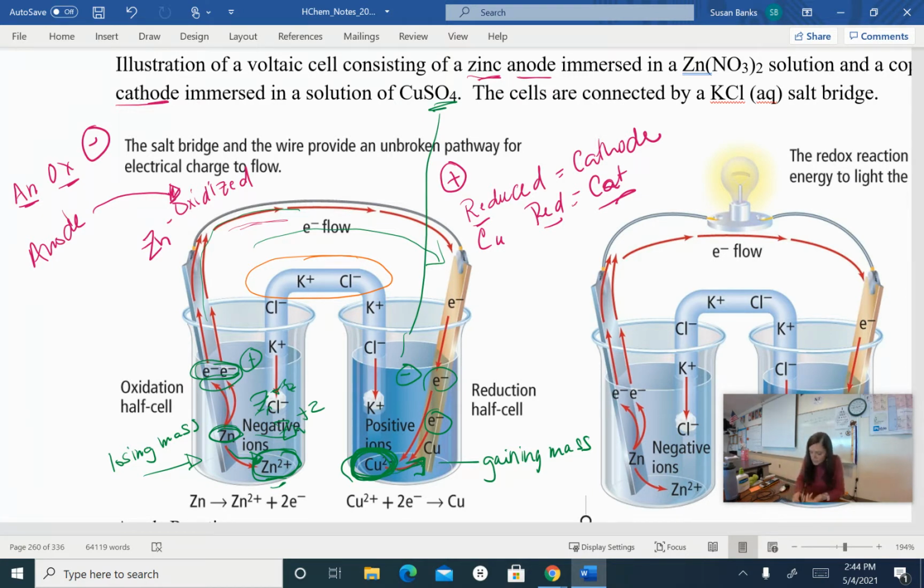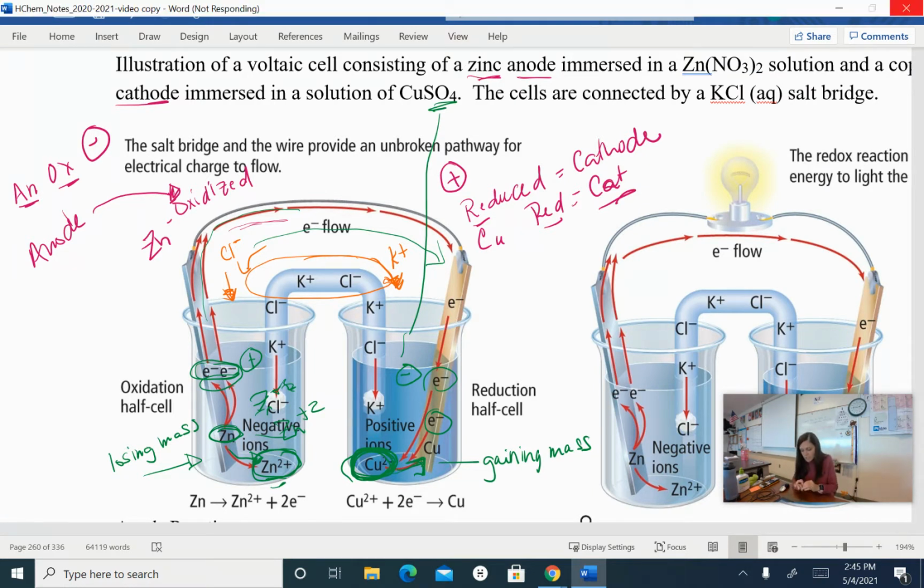So here, because we have a buildup of positives, the chlorides are going to flow this way to even out those charges. Okay, so that way the electrons can keep flowing, and here the potassiums are going to keep flowing this way to even out these charges so that the sulfate has equal charges going on.